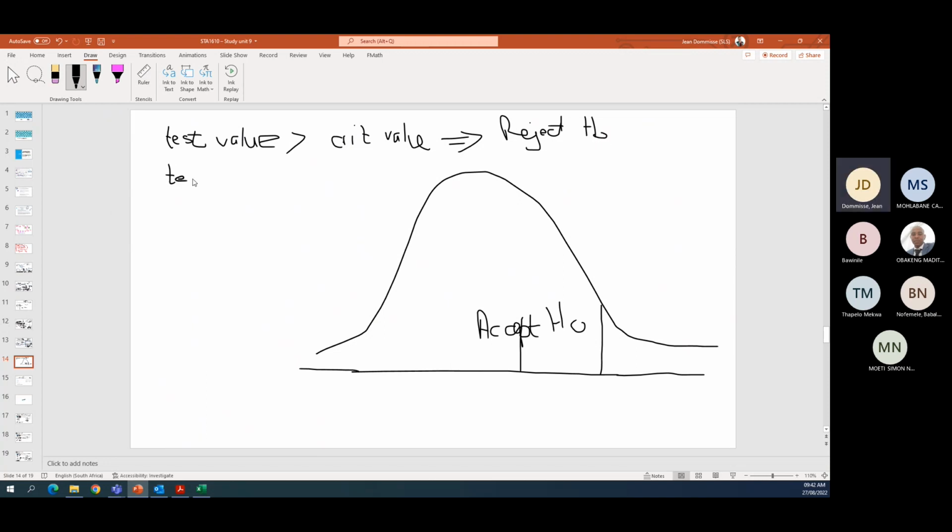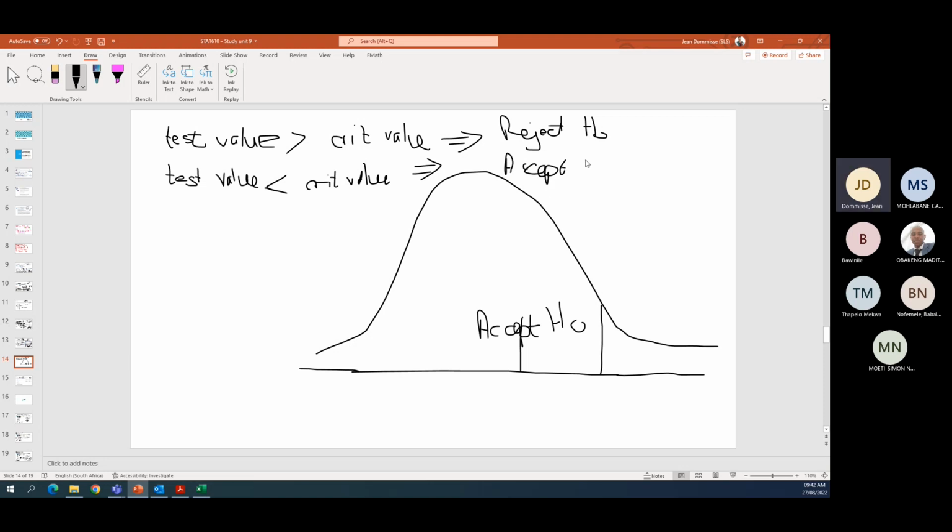If your test value is smaller than your critical value, we accept H0.